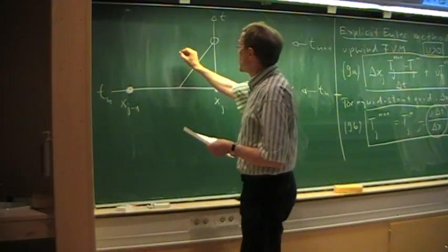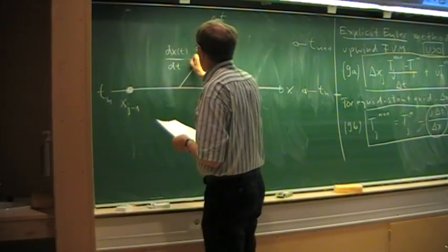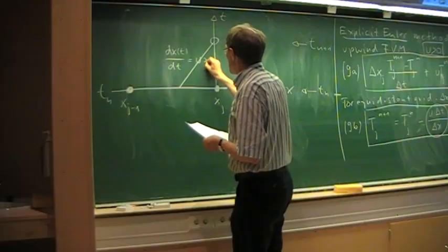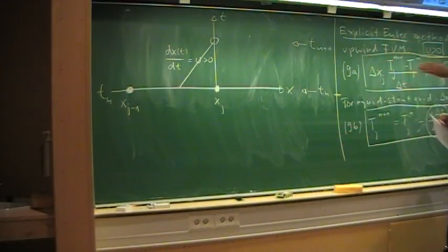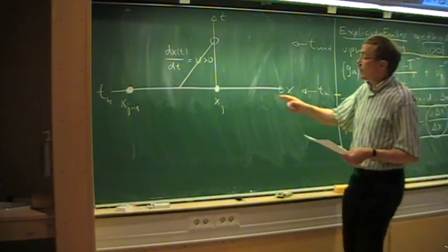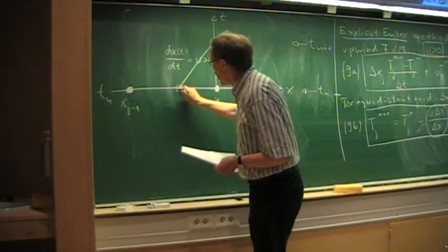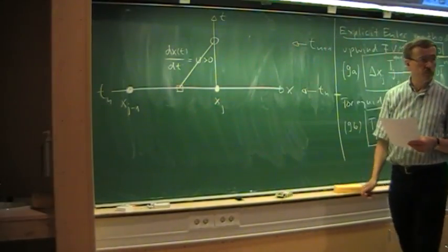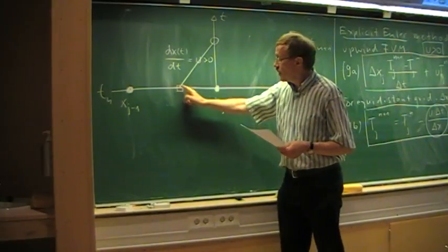In that case, we assume that dx/dt is equal to u, which we assume here to be positive, so we have a positive slope. So that is the characteristic. And then we know that the solution here is determined by the foot point of the characteristic, because the solution is constant on characteristics. So then we are here.